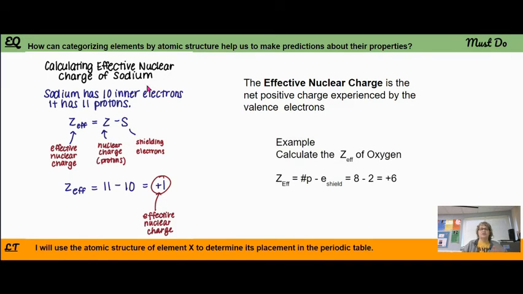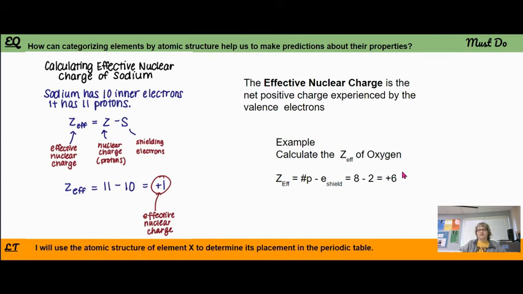So if we were to look at oxygen, oxygen has 8 protons, and its shielding electrons are only 2. That very first shell is filled, but the outer shell is not, so we only have 2 of those core electrons.